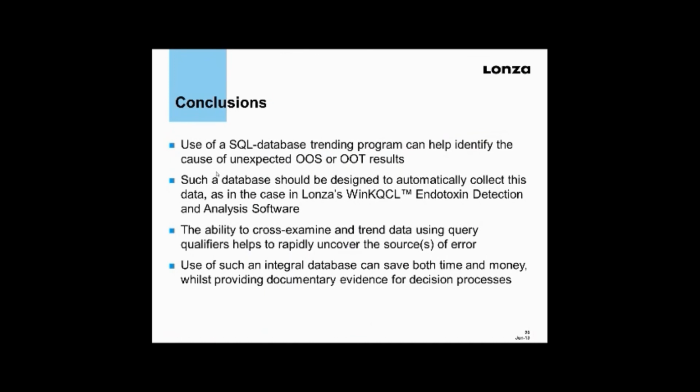In order to be effective, this type of database should be designed to automatically collect this information, and you shouldn't really have to be transferring information into the database, because that potentially makes work for the lab, and sometimes information gets missed. So it has the potential to save both time and money for the laboratory and provide more convincing evidence for any type of investigation.